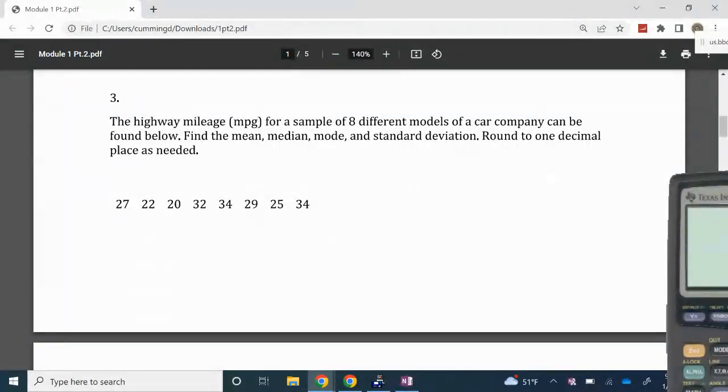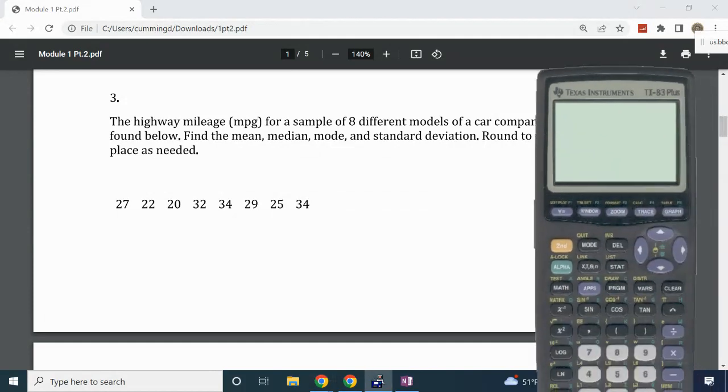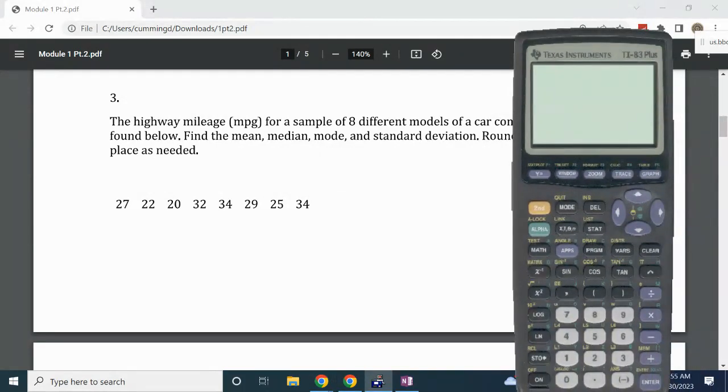It says the highway mileage, and let me erase this. The highway mileage, miles per gallon for a sample of 8 different models of a car company can be found below. Find the mean, the median, the mode, the standard deviation, and round to 1 decimal place. All right. So we are going to use the calculator.